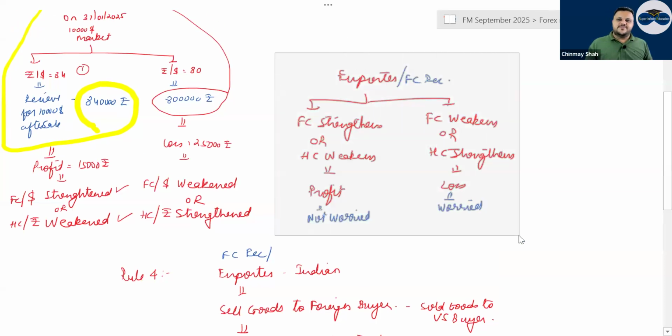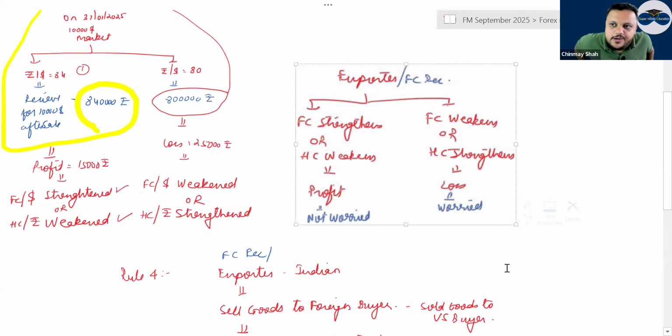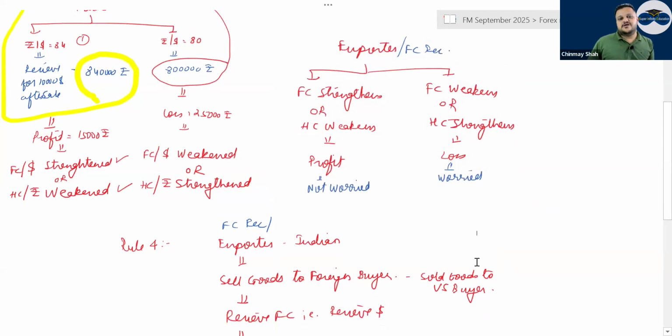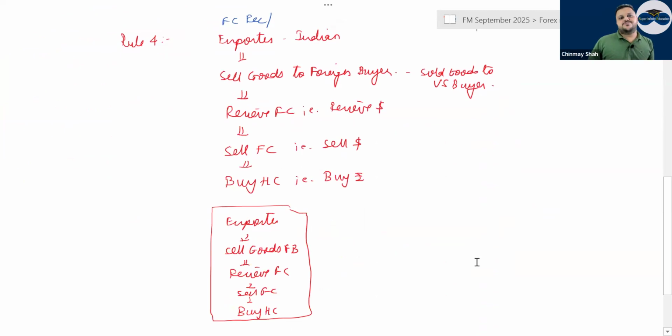Exporter is happy when foreign currency strengthens or home currency weakens, right? Because he will get profit. But he is always worried about the foreign currency weakening or home currency strengthening, where he faces a loss. Then rule 4, exporter or foreign currency receivable. If he is Indian, he is selling goods to a foreign buyer, he will receive foreign currency.